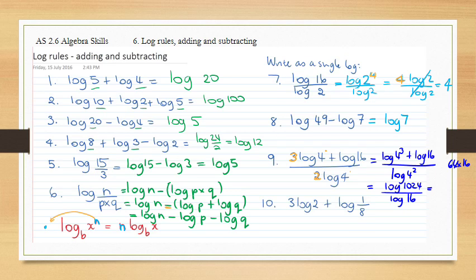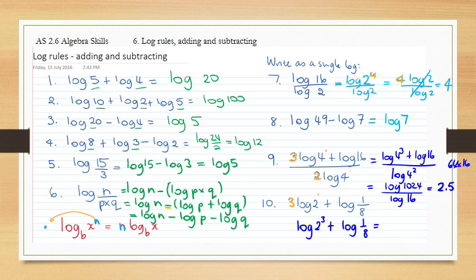Log 1024 divided by log, now if we remember, 4 to the power of 2 is 16, so that can be written as log 1024 divided by log 16, and just doing it on my calculator, that is 2.5. Okay, so the last one here, again this 3 can live up here, so we've got log 2 to the power of 3 plus log 1/8, which is the same.